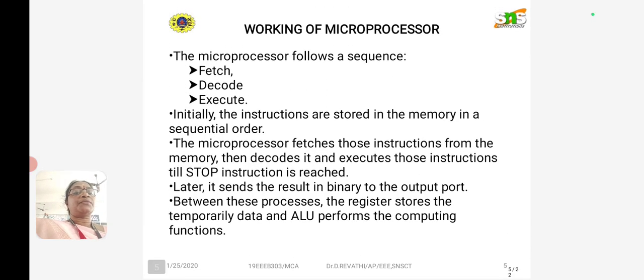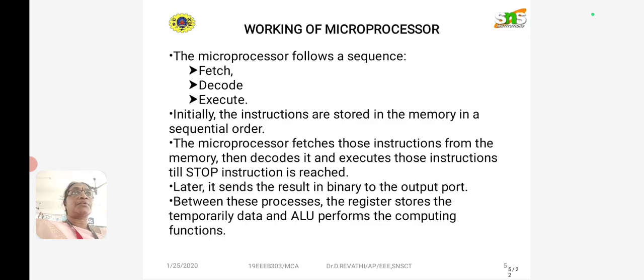Normally we consider instructions like MOV A, B. A, B is referred to in the 8085, and AX, BX is used in the 8086, because the 8085 microprocessor handles 8-bit data and the 8086 handles 16-bit data.